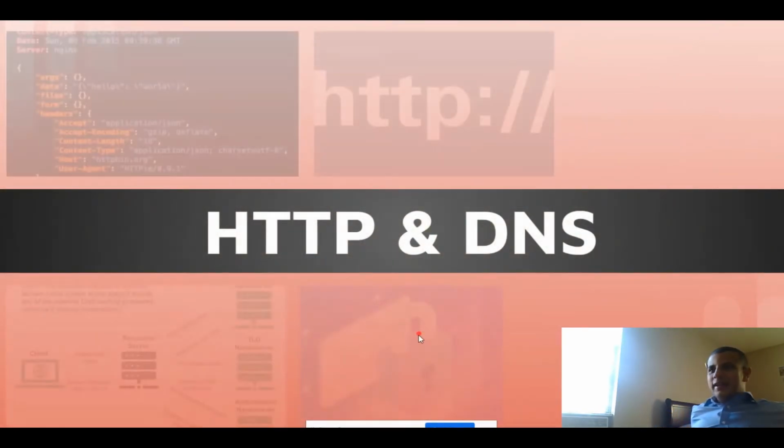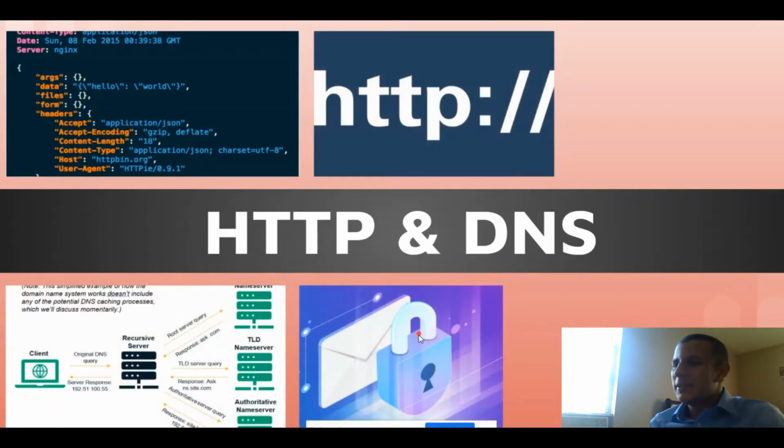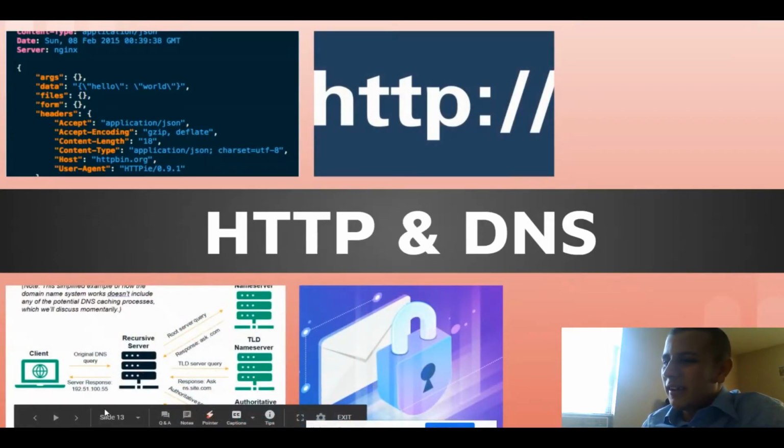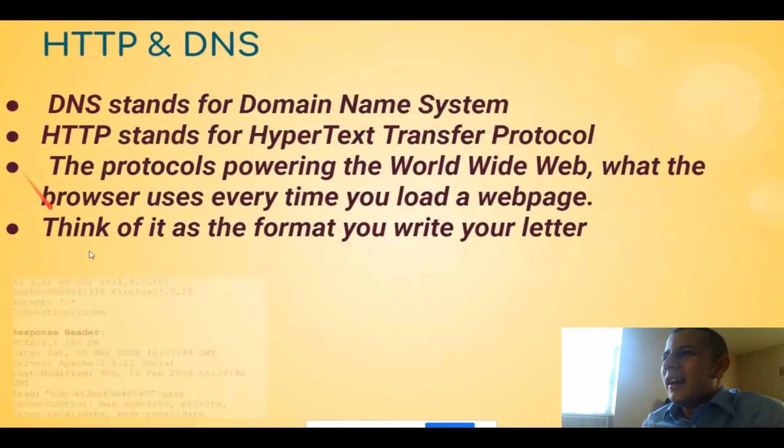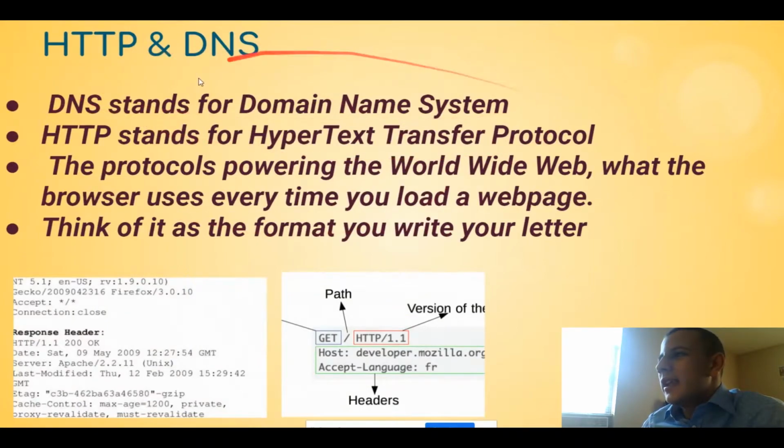HTTP and DNS. DNS stands for Domain Name Server, and HTTP stands for Hypertext Transfer Protocol.